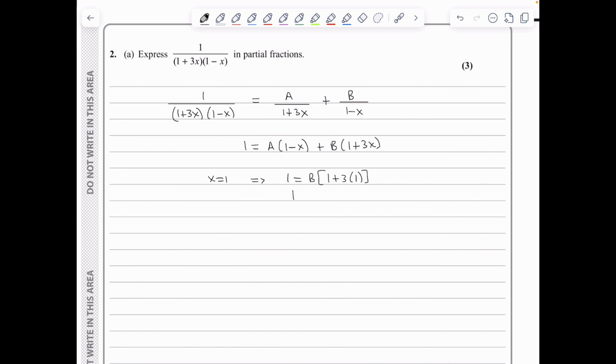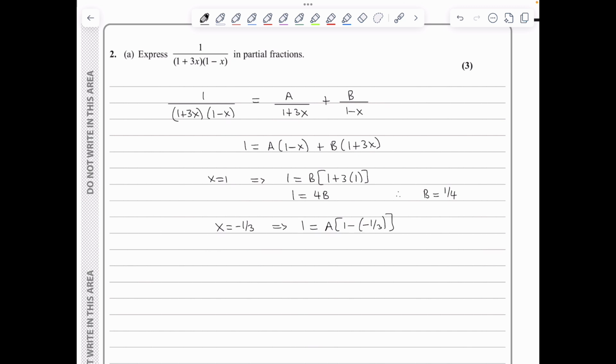So we're looking at 1 is equal to 4B, and therefore B is equal to a quarter. Now, another nice value for x will be the value that will make 1 + 3x to be 0. So this is going to be x being -1/3. So let's set x to be -1/3, leading to 1 is equal to A times (1 - the negative a third).